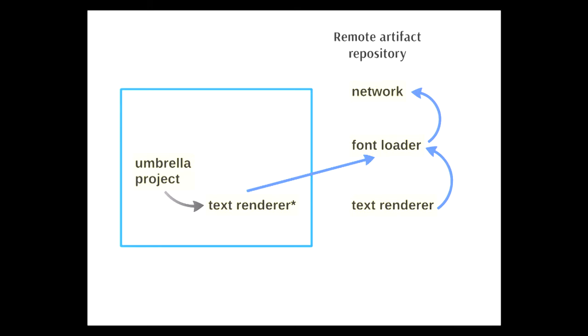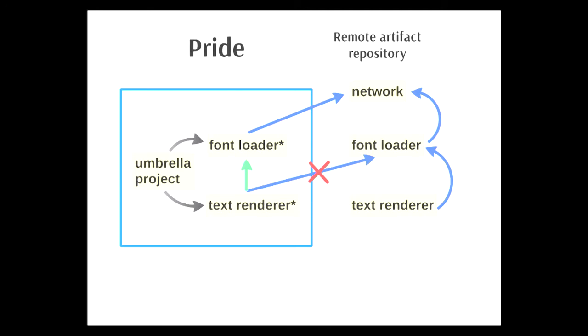It still is going to depend on the external font loader, so nothing really groundbreaking here. But when you add the font loader project, we can now discard the external dependency on the font loader and tell Gradle that there is a project dependency between these two modules, right?